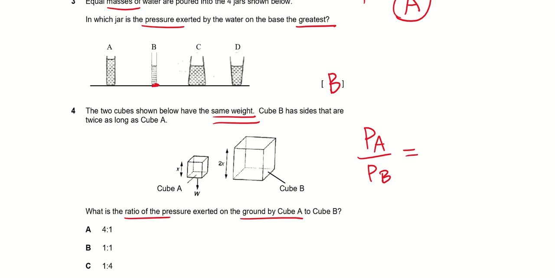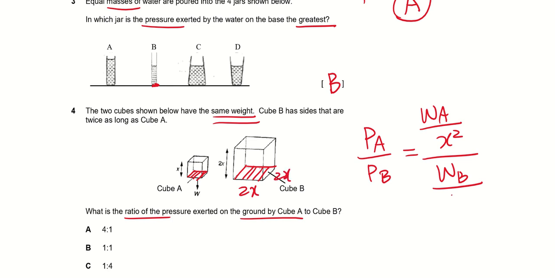The pressure of A is due to the weight of A over the contact area. For the base of A, it is x squared. The pressure of B is due to the weight of B over the contact area with the ground, which is 2x multiplied by 2x, so it's 4x squared.